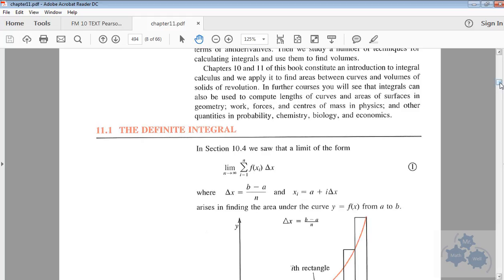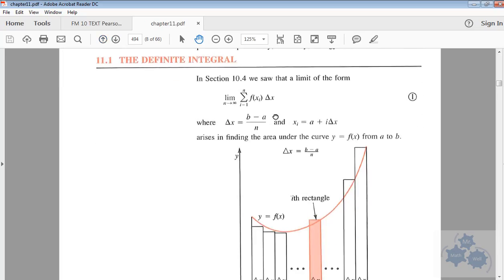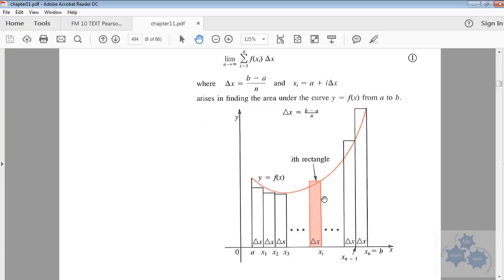In chapter 11.1, it talks about the area under the curve as a sum of rectangles. And we kind of talked about this, right? We used trapezoids there in chapter 10 to approximate what the area under the curve would be.